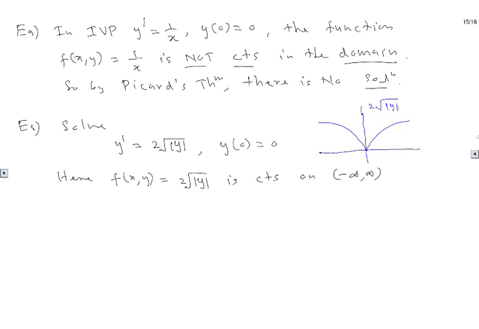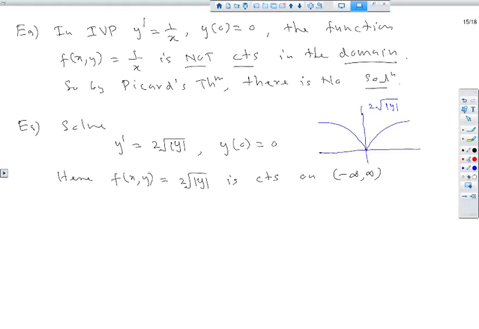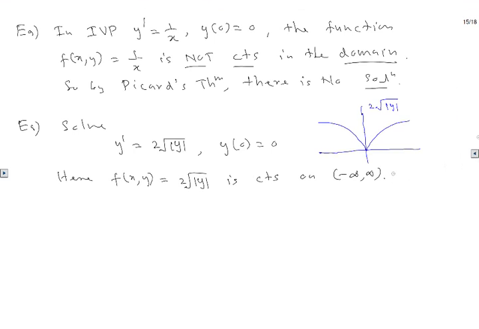That's how it looks. So you can see that this is a nice continuous function. But what's going to happen to the derivative? Let's look at the partial derivative of f with respect to y.